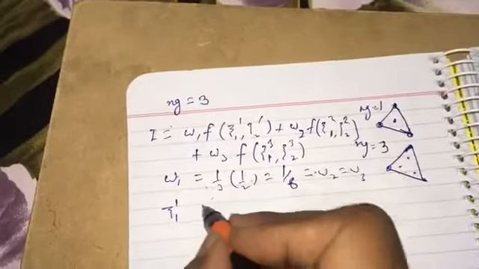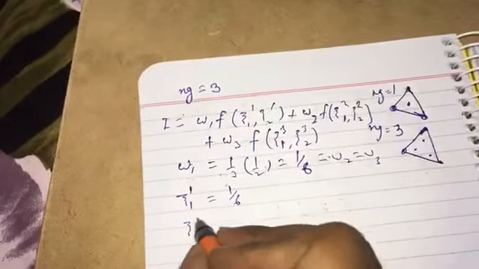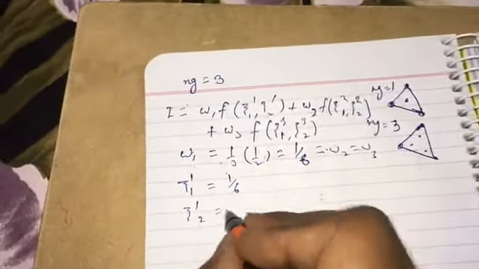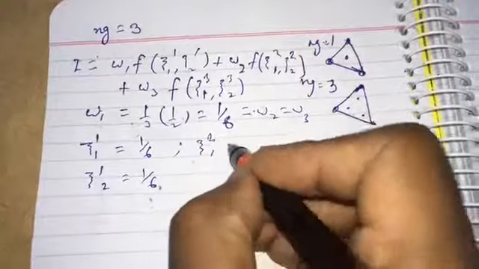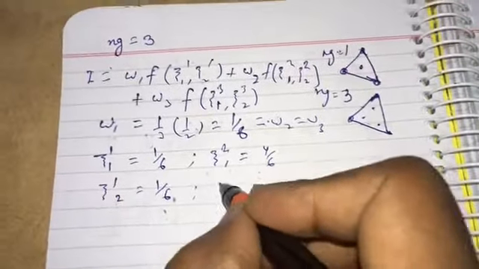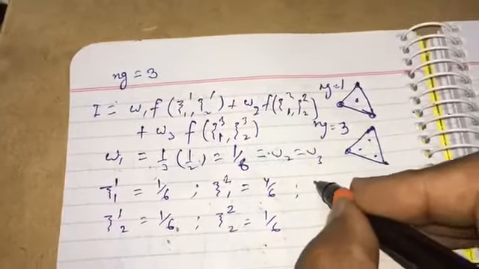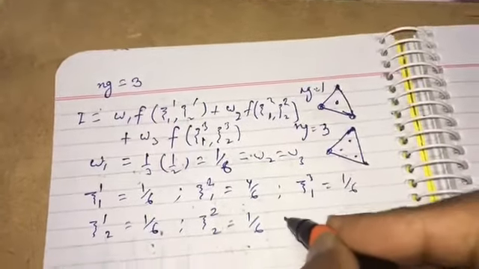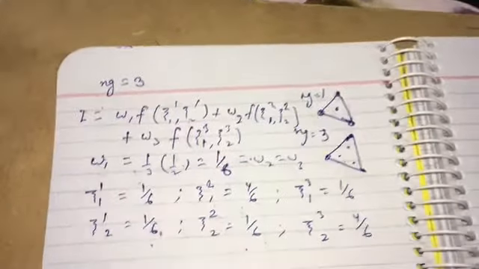1 will be equal to 1/6, xi 1 2 also 1/6, then xi 2 1 is equal to 4/6, xi 2 2 equal to 1/6, and then xi 3 1 is equal to 1/6, and xi 3 2 is equal to 4/6.